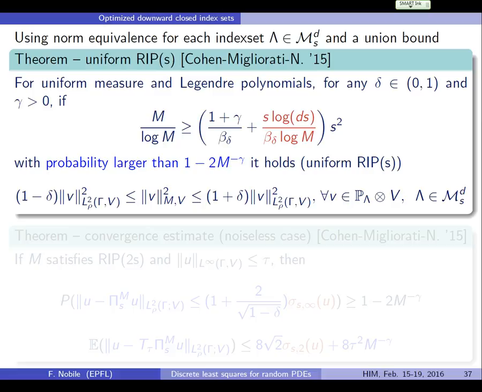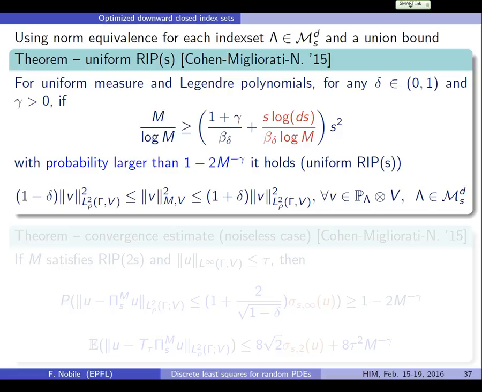And we can show that we can have a stable reconstruction on any polynomial in P lambda, where lambda is any downward closed set in this family. And what we lose here is that M should be larger than S squared. So the blue part is basically what I had previously, and this extra term. So with this, we have a scaling that is S cubed, sorry, times log ds.